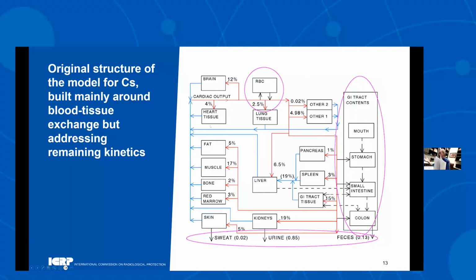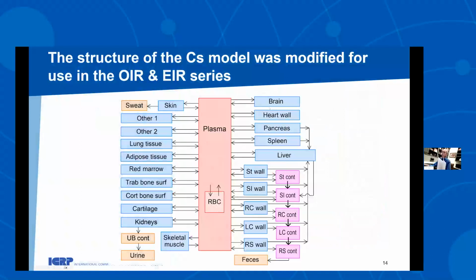Now, this structure doesn't look like the structures of all the other models in the OIR series. So we restructured the model as shown here to have a central blood compartment.